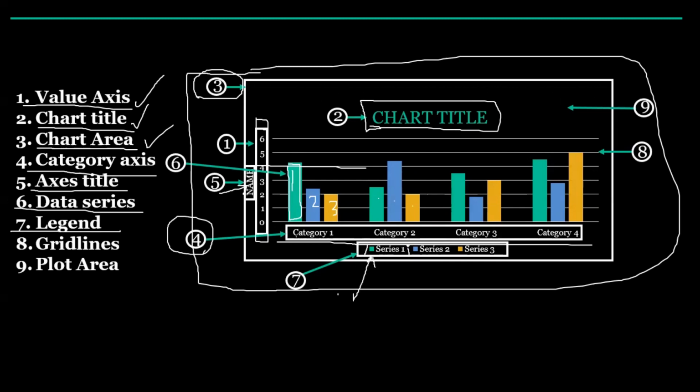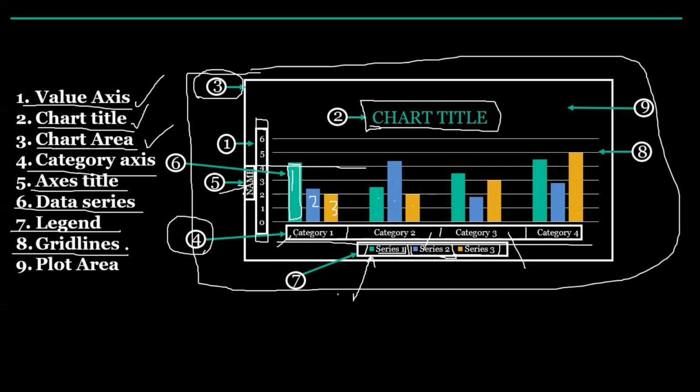It means we are giving one color to one column. Like in this series 1, we can write the name of the student, and this named student is represented in green color. This named student is represented with this blue color, and like this. And in this category, you can add, like, this sport is played by this and this. You can add sports over here, and it's up to you what you actually want.